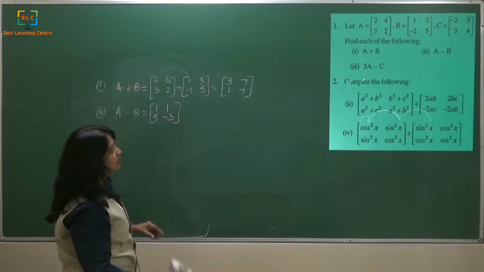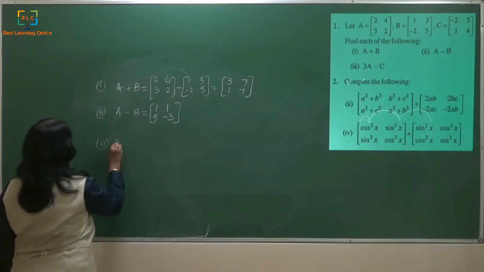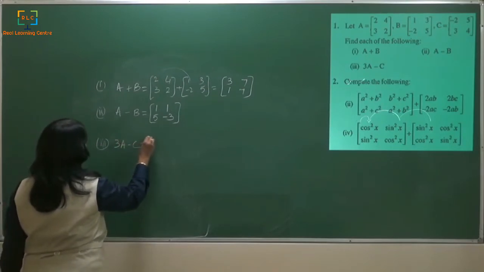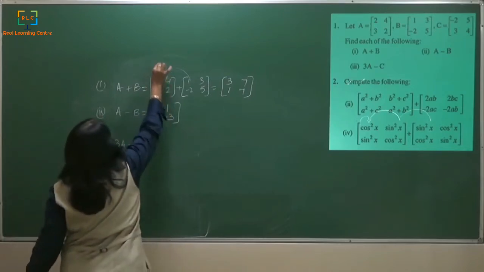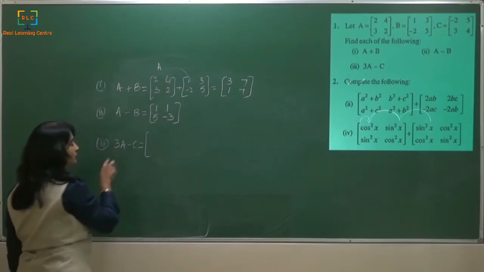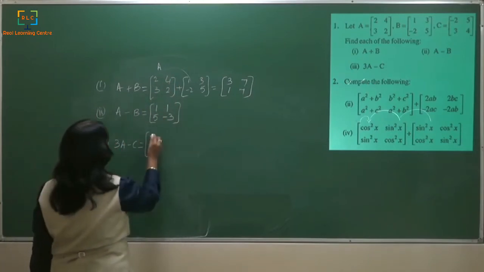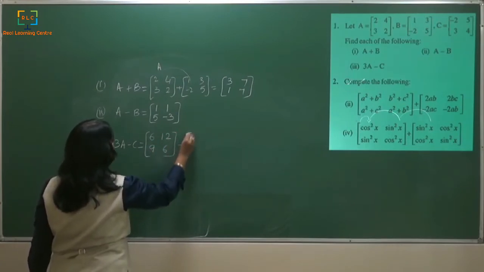Next I want 3a minus c. Third, I am doing 3a minus c. So I shall take 3 times a first. This is my a matrix. I shall multiply all the elements of the a matrix by the number 3. So 3 2s are 6, 3 4s are 12, 3 3s are 9, 3 2s are 6. Minus c.